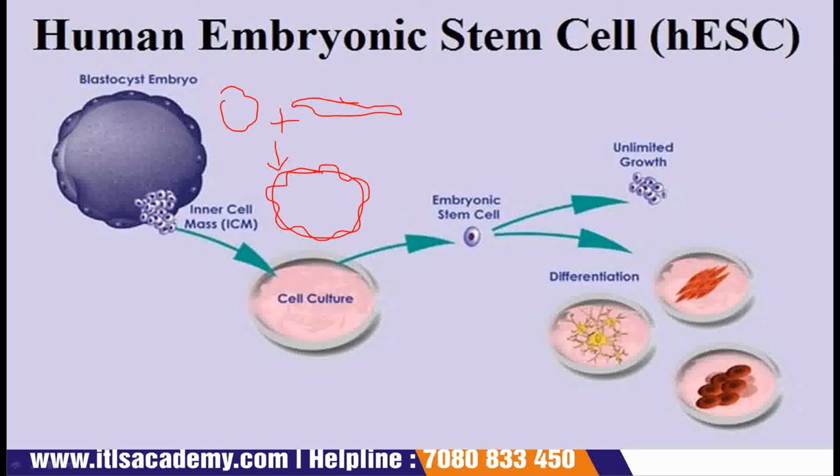So it is also known as a totipotent cell. Totipotent means a cell that can give rise to all kinds of cells. So the zygote is a type of cell that can give rise to all kinds of cells.